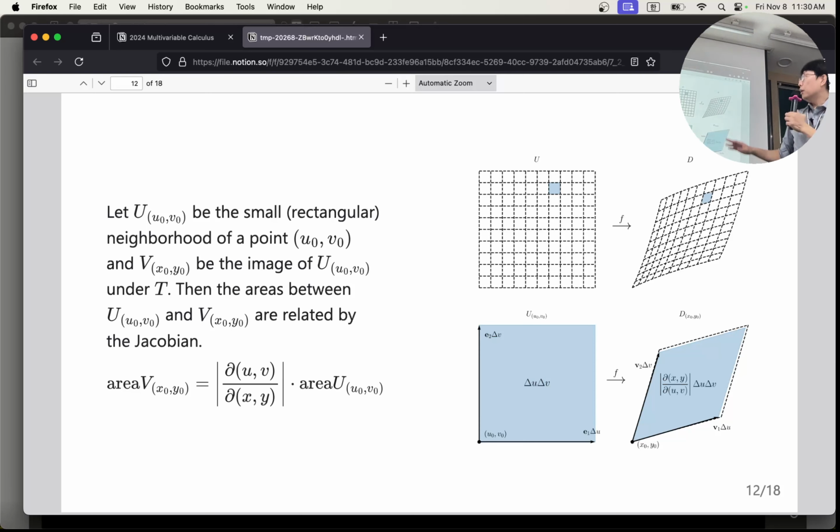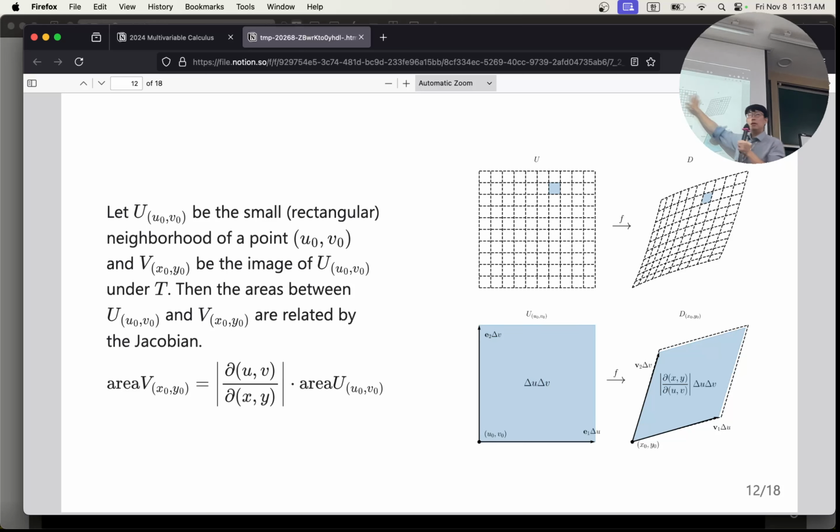Look at this picture. I actually want to compute the integral over the region R, which is in the uv plane. That's my goal. But I want to translate that integral into an integral over the region D, which is in the xy plane. So how do I do that? Suppose that I subdivide my region D in the xy plane into lattice regions.